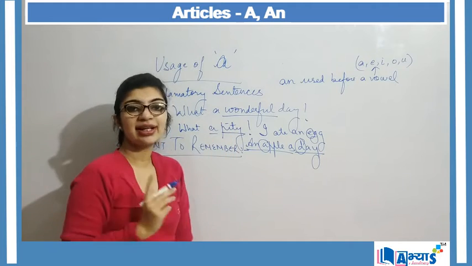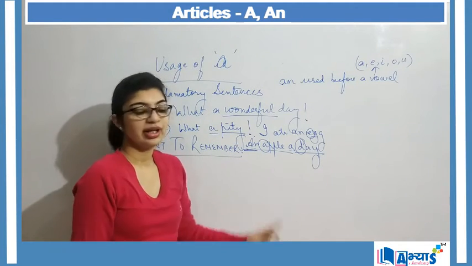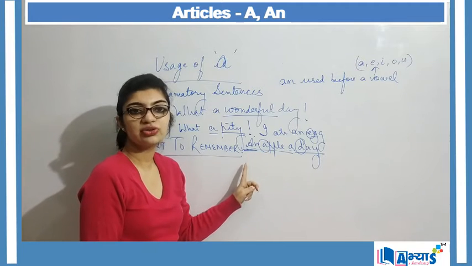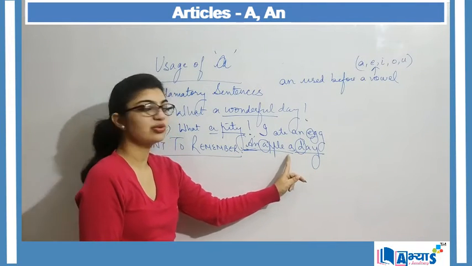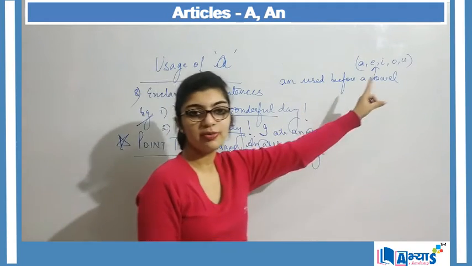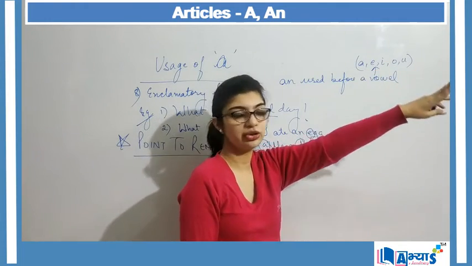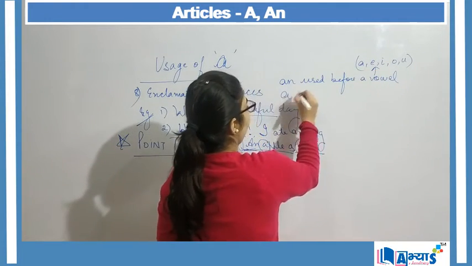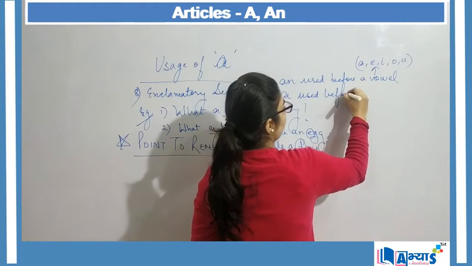Because A is a vowel, I am making use of the article an. So an is used before a vowel. Vowels refer to the letters A, E, I, O, U, and article a is used before a consonant.